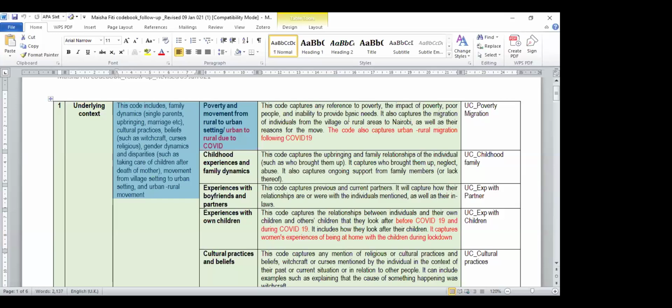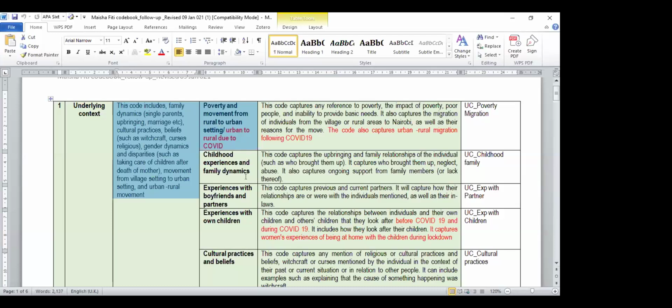You may have to explain this sub-theme, so that whoever is going to code is able to look at whatever text captures the impact of poverty at the household. Perhaps individuals have difficulties in having basic needs and the reasons why they move to the urban area. So within that space, you have that sub-theme.